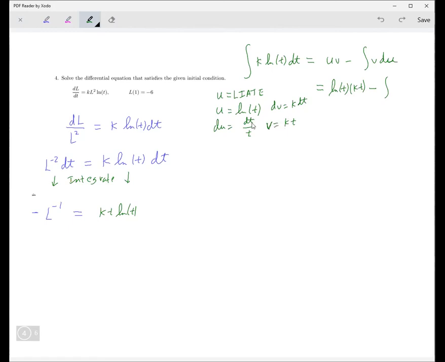So that would be this times that. That's going to be kt times dt over t, and that's just the integral of k dt. And integrate that, you're going to get kt.